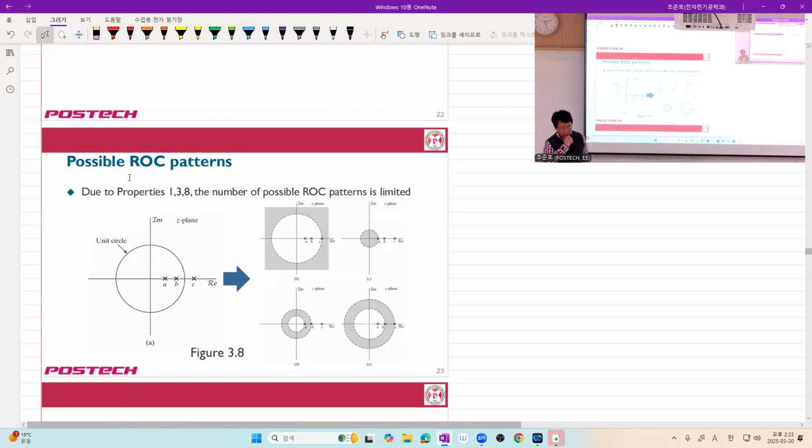The problem is that from the properties of the ROC, it may be outside this largest radius pole like this, or inside this smallest radius pole, or between A and B, or between B and C. We don't know which one is correct.